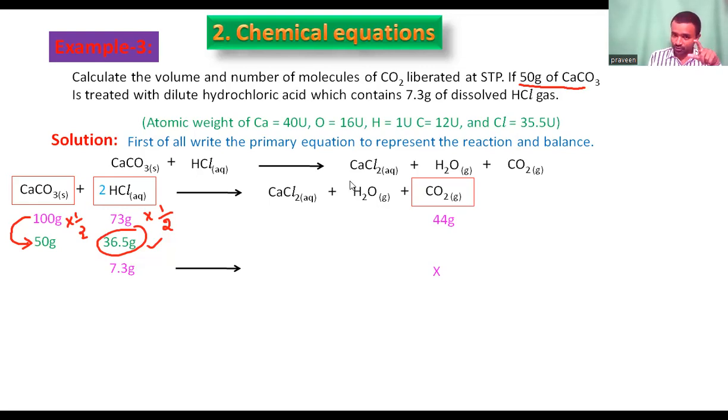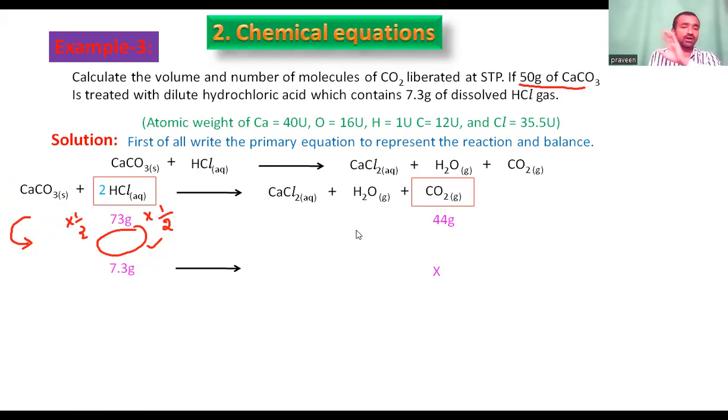If you want to produce that product in the same quantity, that quantity we have to increase, but it is given less. So we are reducing the quantity of product. So we will take here 7.3 grams as our relation.